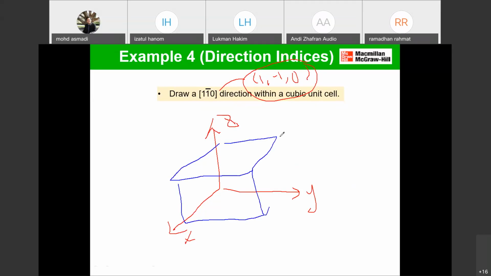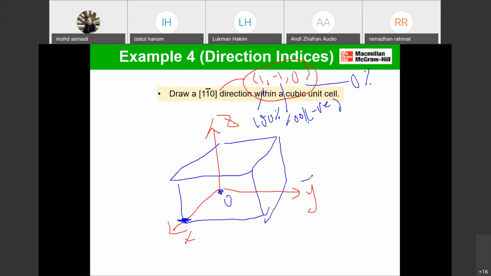If our origin is here, we define this one as the origin. So 100% along this one, 100% along this one but in the negative direction, and this one is 0%. So that means x is going to be this direction. How about y?